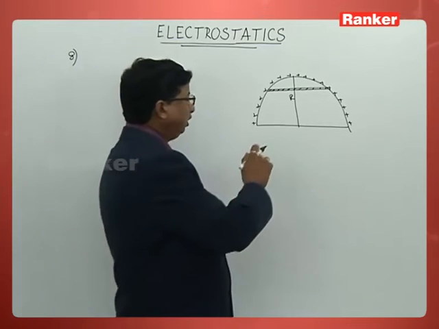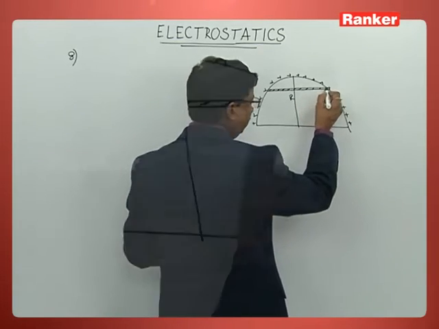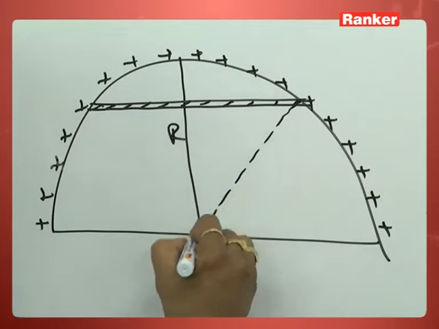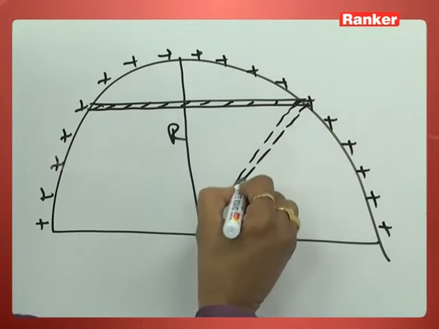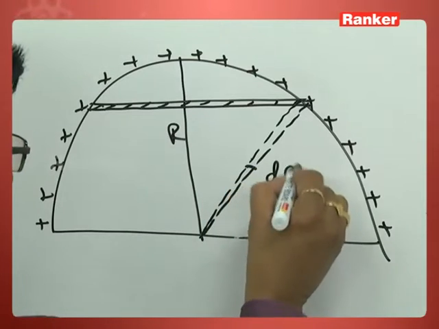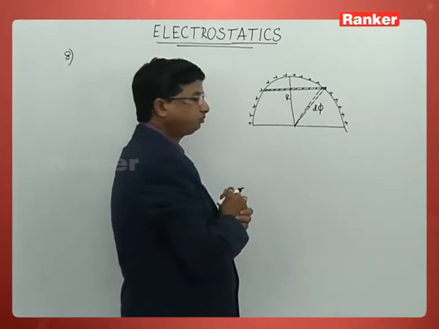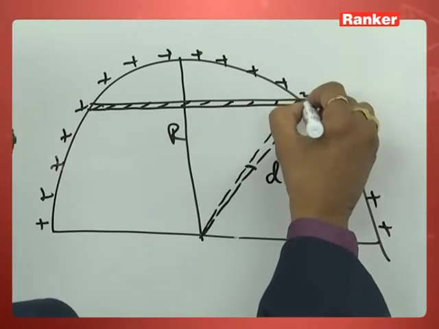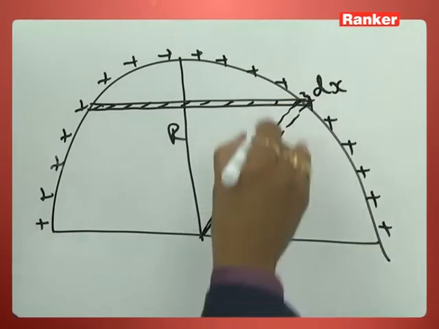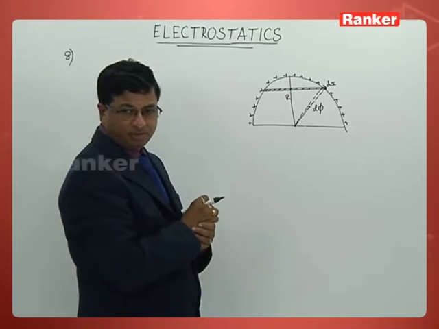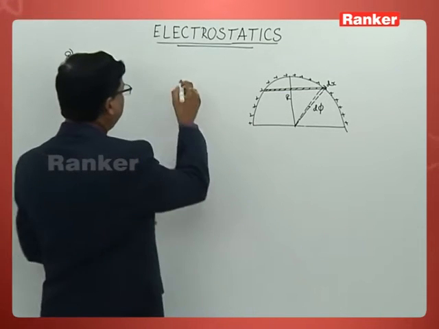At the same time, the angle these two ends are making with each other, I take it as d phi. And this is the small element we are considering over here.